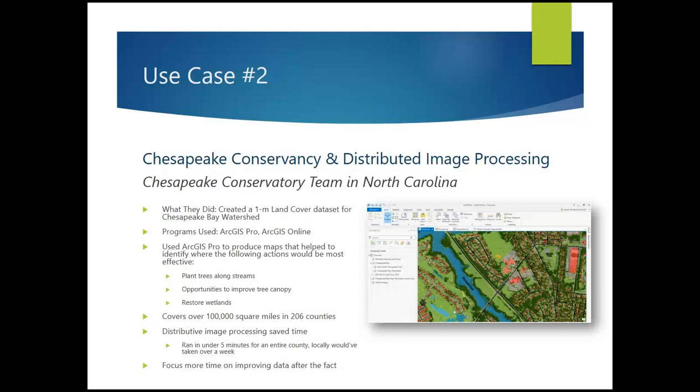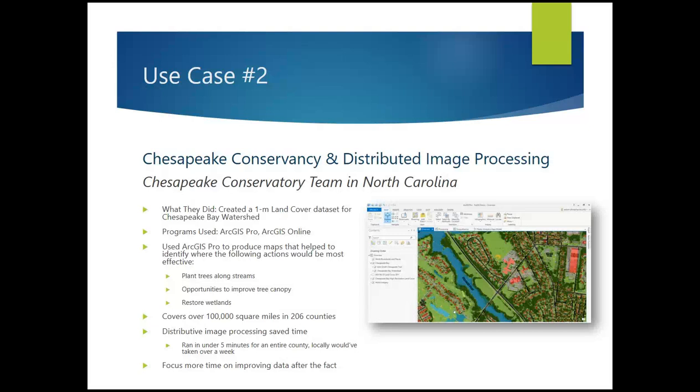So they turned to ArcGIS Pro to create this data set that would cover over 100,000 square miles in 206 counties. With that big of an area, they knew that ArcGIS Pro could handle it. They also used distributed image processing that saved them a lot of time as well. Normally in the past, with using ArcMap, this type of data processing would take them over a week.